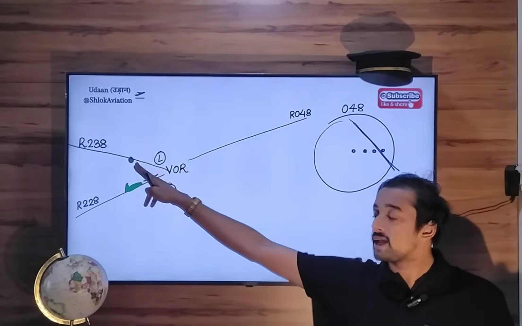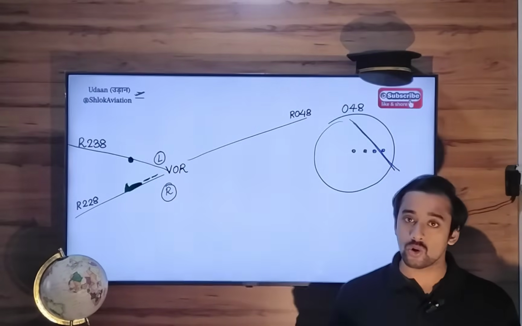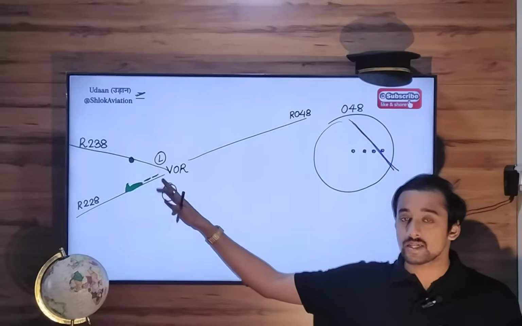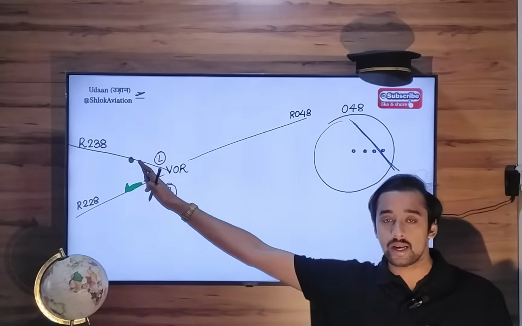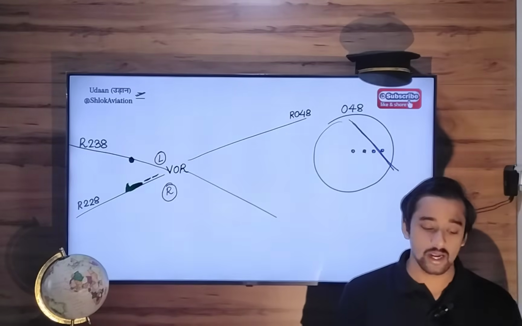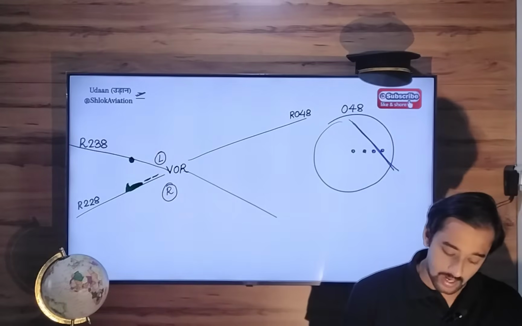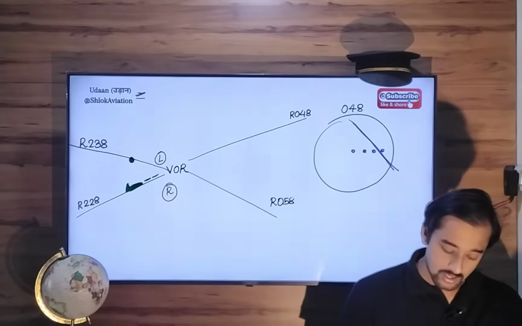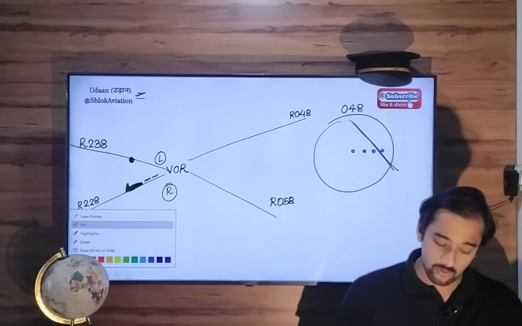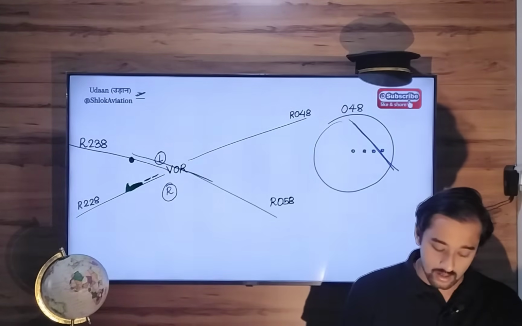If you follow radial 238 instead of 228 inbound, you won't go to radial 048. You will be transitioning from radial 238 towards the reciprocal of radial 238, which is nothing but 058.